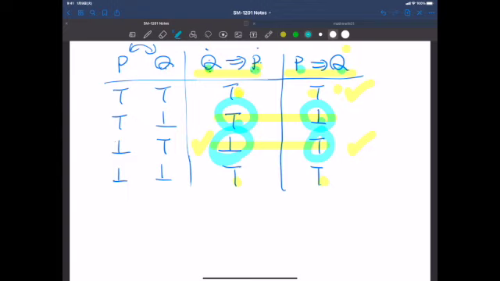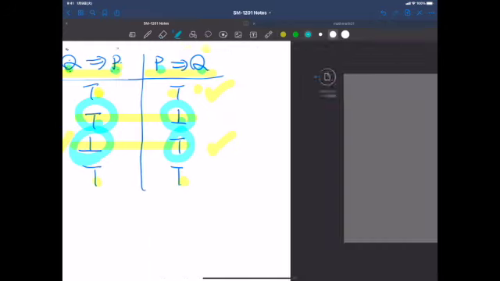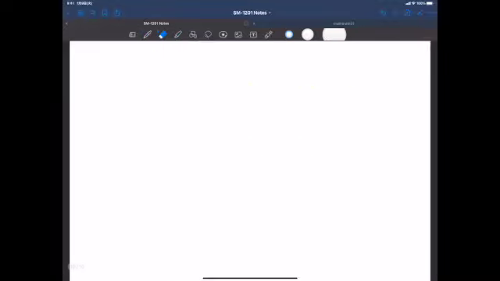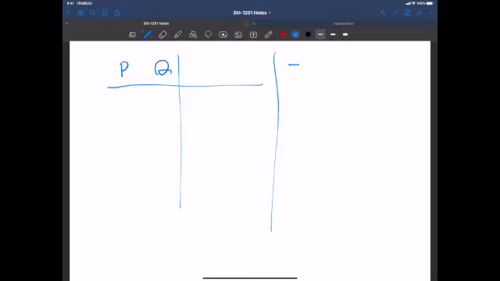In a similar manner, you can show that the inverse is not equivalent to the original implication. But if you compare, let's see, P, Q, we want to derive the truth values of not Q implies not P. To do so, first we derive not P and not Q. Okay, so true, true, that's false, and false.